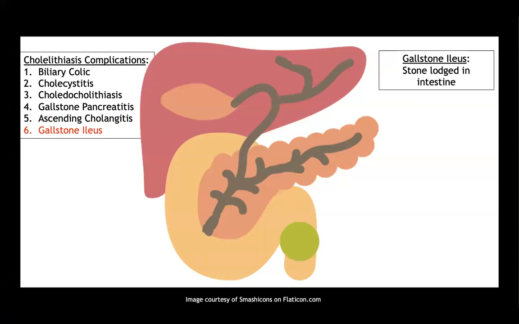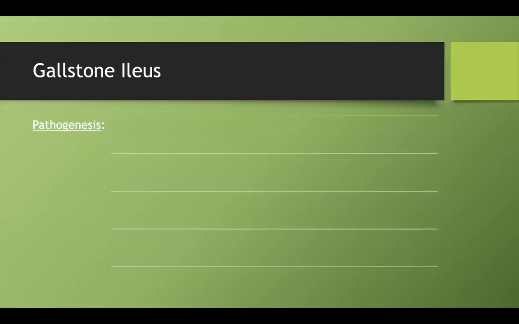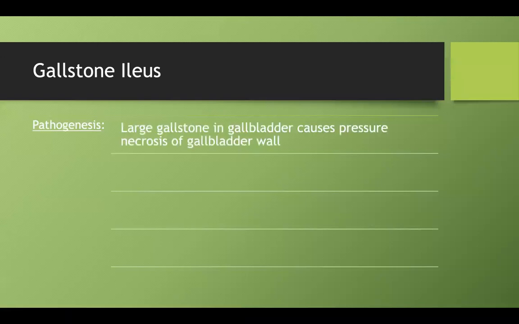Now let's talk about gallstone ileus, which is kind of its own category of things. How does it make it into the GI tract? What actually happens here is it doesn't take the same route that the other gallstones have been taking. Instead, you have this huge gallstone that can't even make it into the cystic duct, and it's just going to be pressing against the wall of your gallbladder.